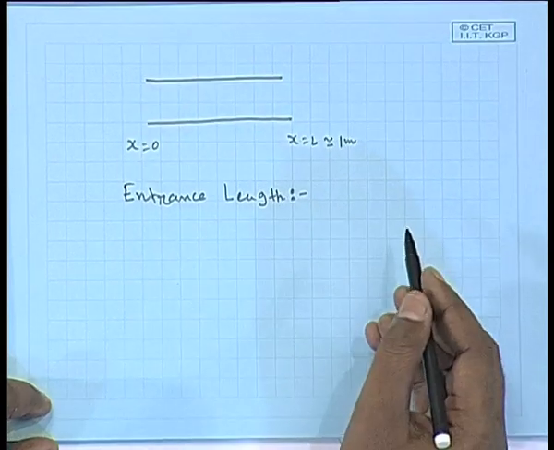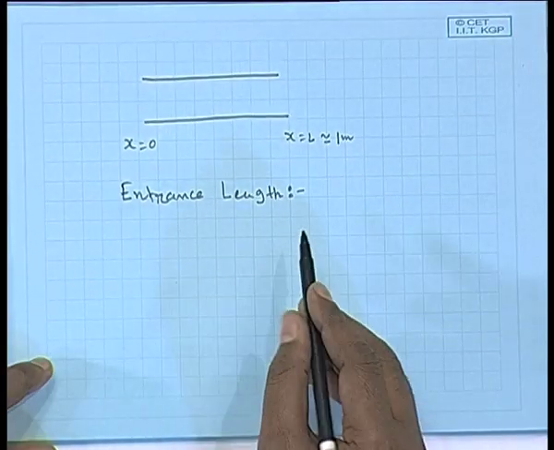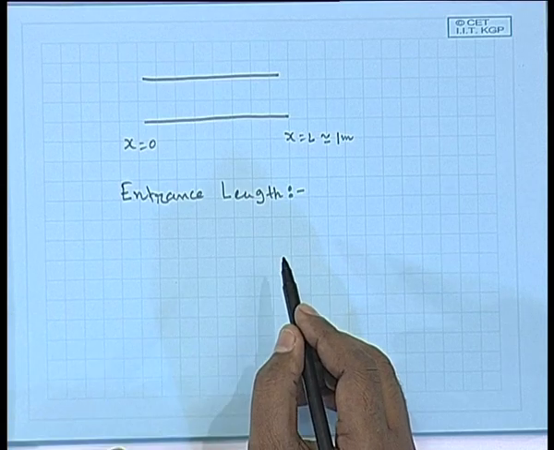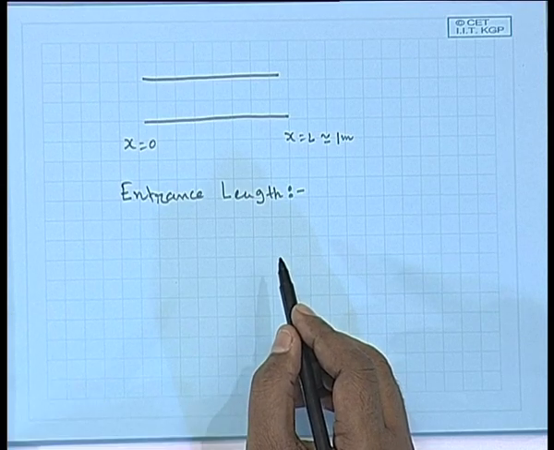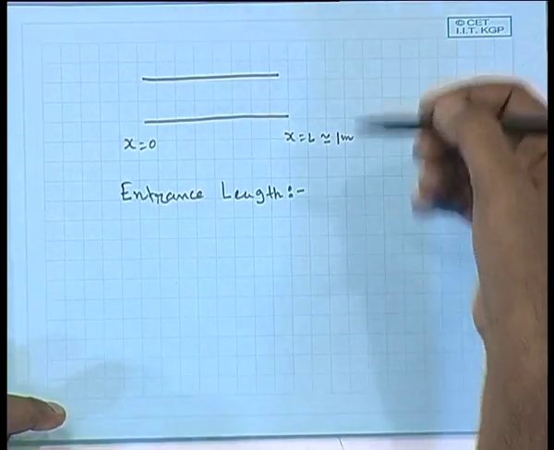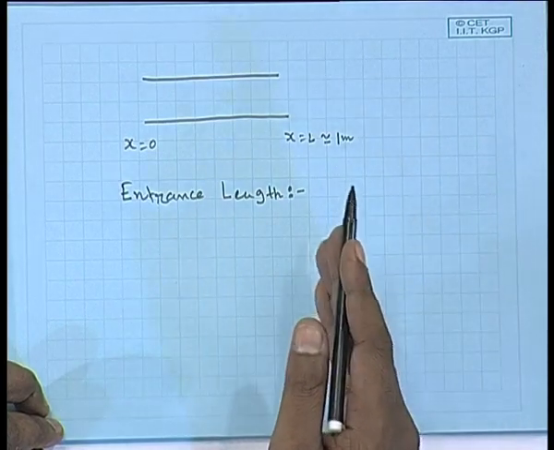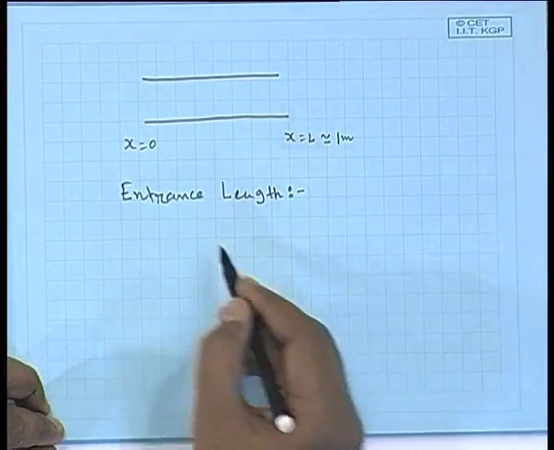What is entrance length? Entrance length is basically a length within a conduit where there is a variation of velocity. The velocity of the fluid varies as a function of cross section. Beyond that particular length, it will be fully developed flow.